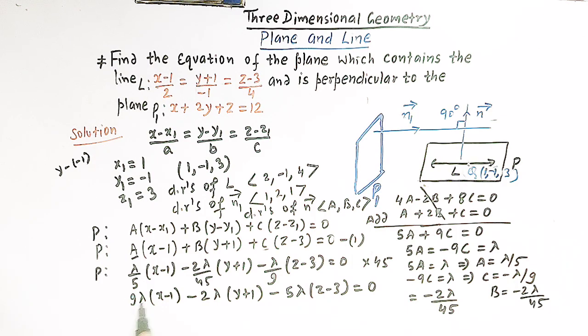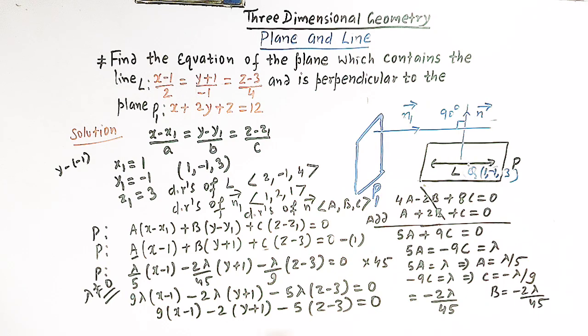Now here we can see that lambda appears in all these three terms, and lambda is a scalar and it is a real number, but lambda is not equal to 0, right? So now we can write this equation as 9 times x minus 1, then we have minus 2 times y plus 1, and then we have minus 5 times z minus 3 is equal to 0.